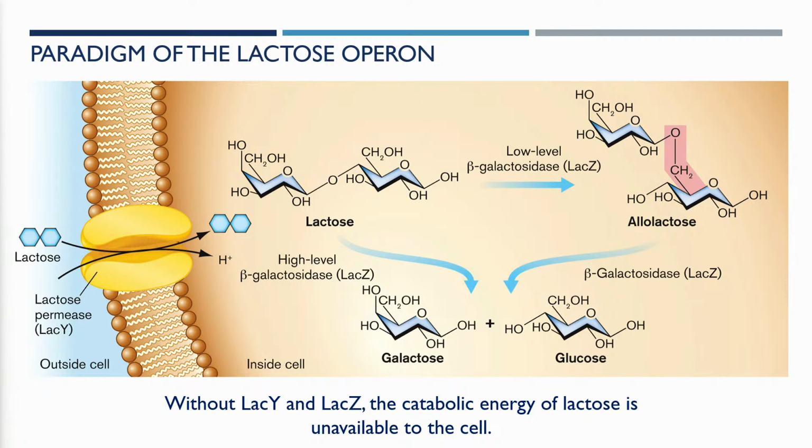But when there isn't a lot of beta-galactosidase, you have to convert lactose into allolactose. So if there's no permease to get lactose in, there's no enzyme in here, and you can't take advantage of this carbon source at all.